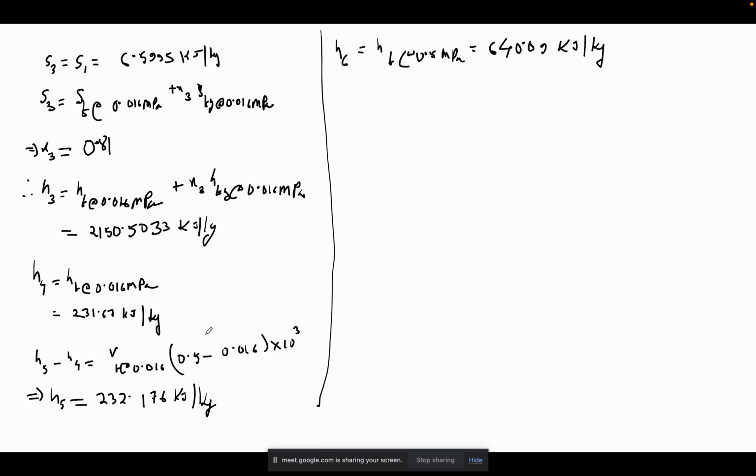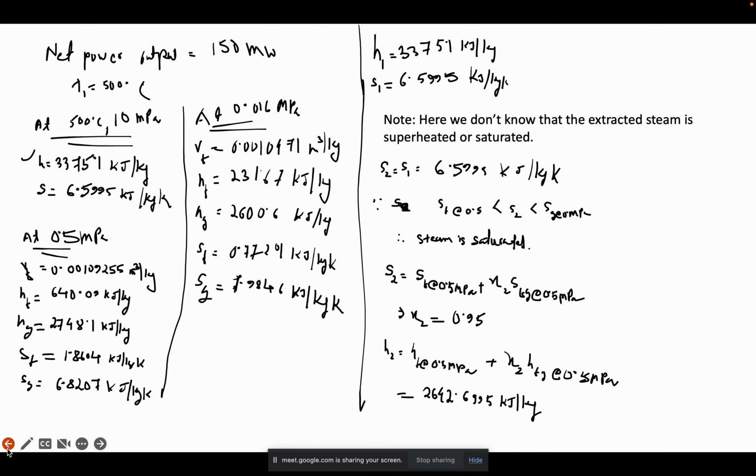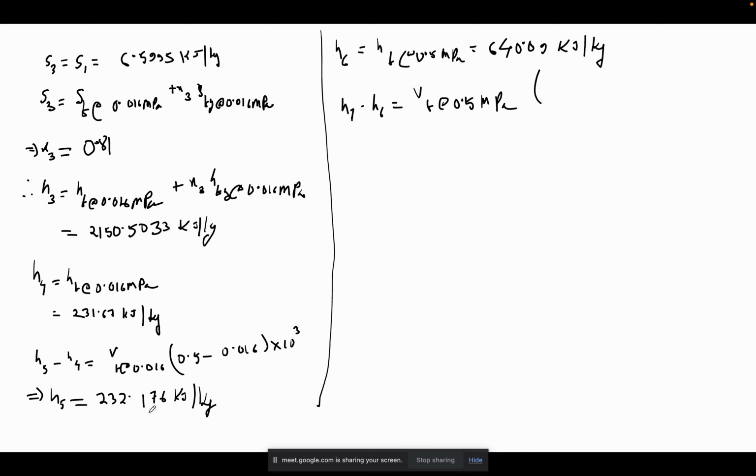Okay, then again H7 minus H6 is equal to VF at 0.5 megapascal into (10 minus 0.5) into 1000.